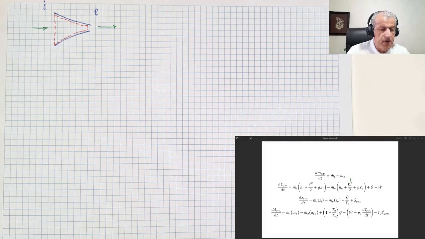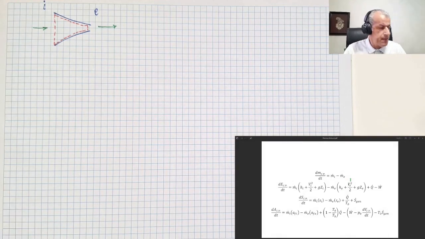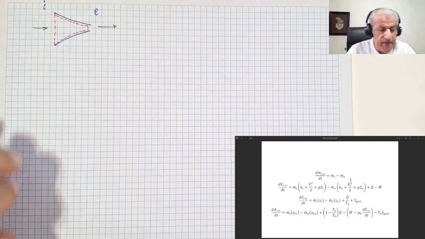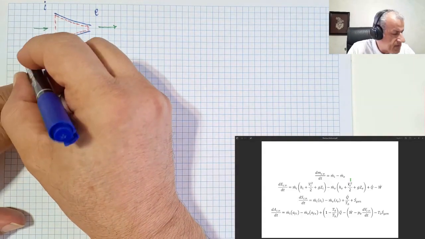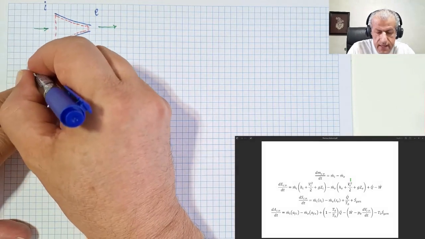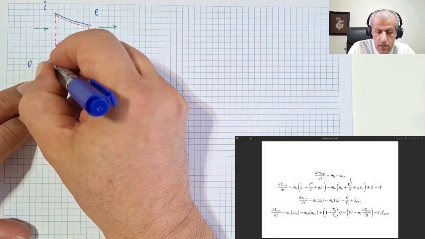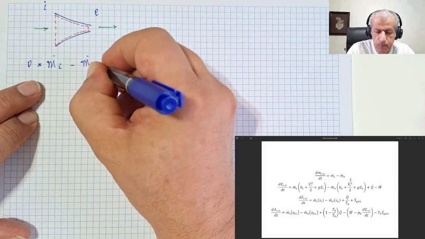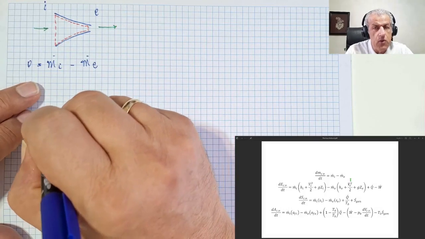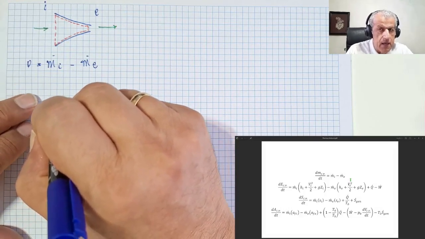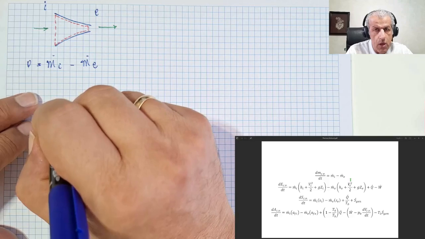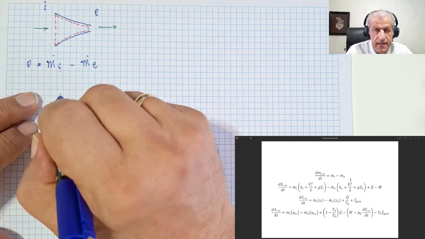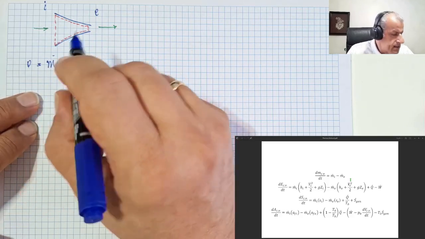So, for simplifying the equations, the first equation is the mass conservation, and its simplification would look like this: 0 equals m dot I minus m dot E. So the mass that enters the control volume would also leave it. Entry and exit masses are the same.